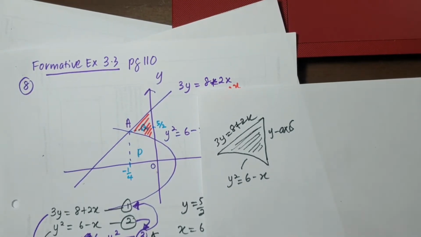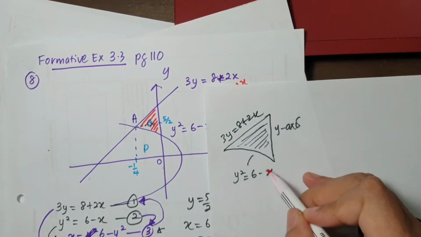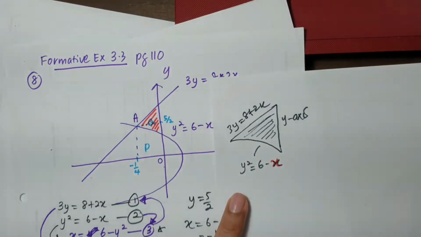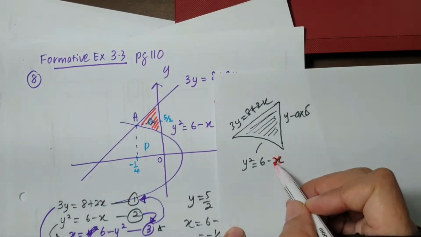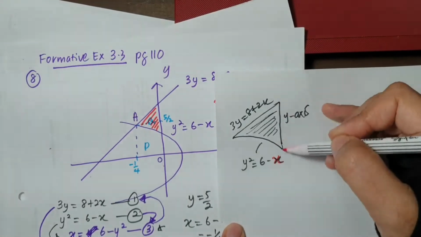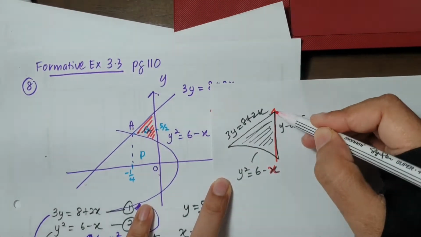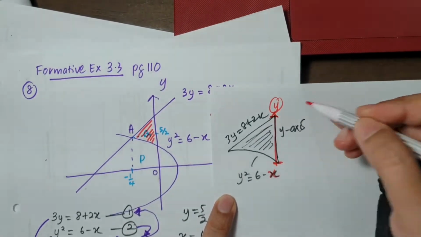Based on the equation of the curve, it is easier if you make x the subject. If you want to make x your subject, meaning you want to find the area bounded by the y-axis, you need to find the value here and the value here.